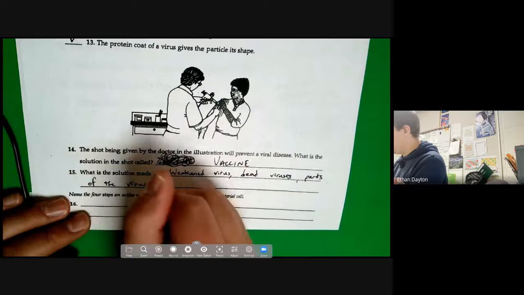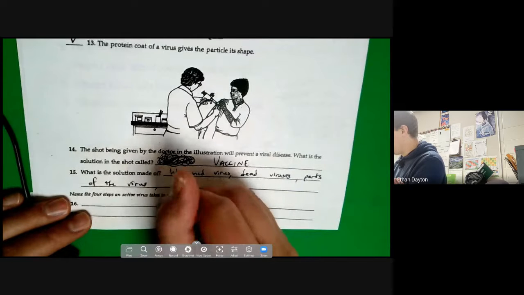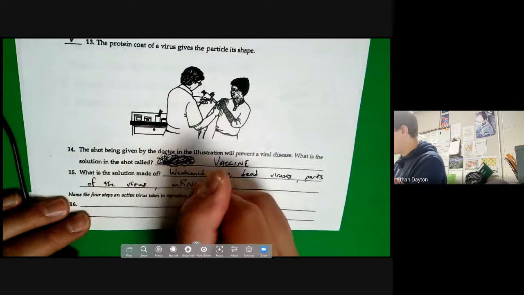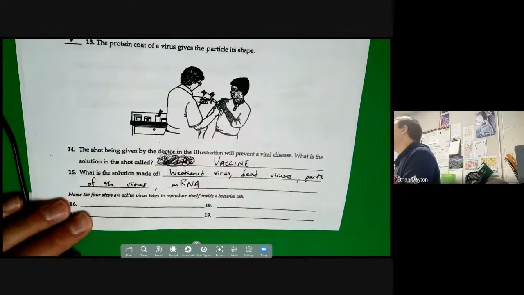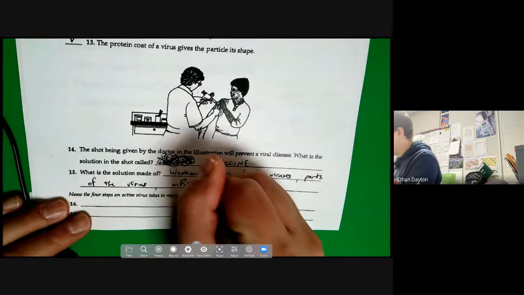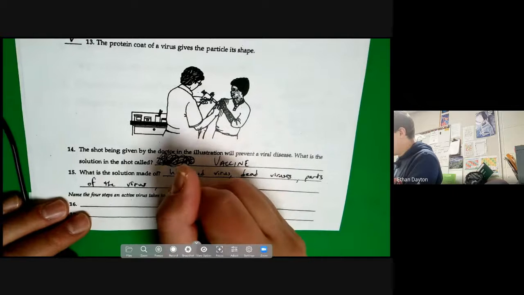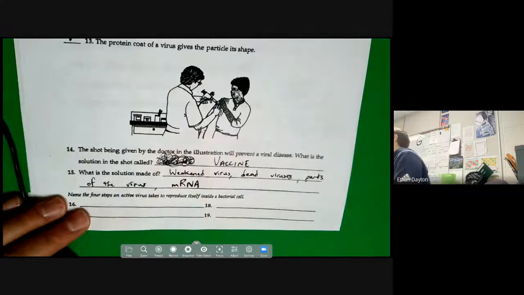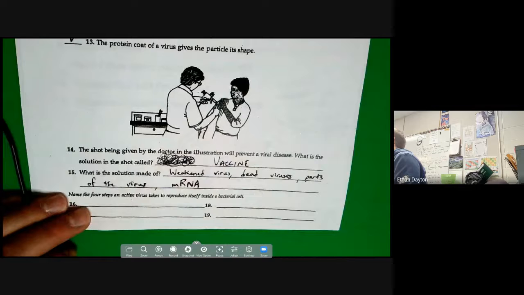The COVID-19 vaccine was an mRNA vaccine. mRNA, messenger RNA, contains the directions to help stop the production of the virus in your body. So it tells the cells in your body, hey, don't listen to this, and doesn't allow the virus to affect it.